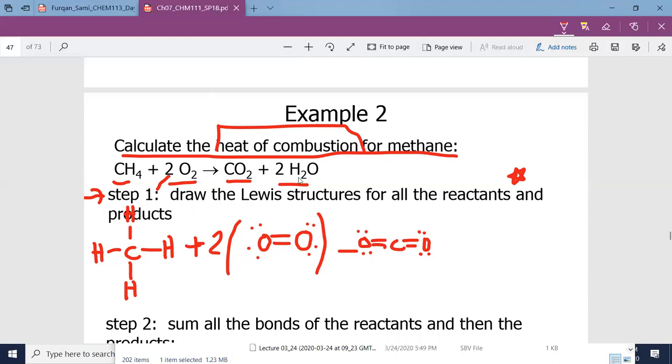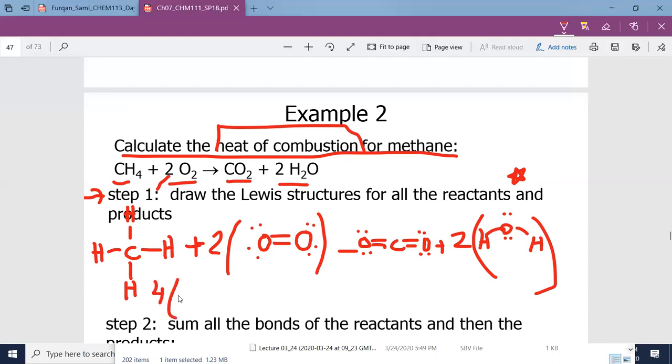So then I have 2H2O. What 2H2O means is 2 times, and I already know the formula of H2O. That's going to be O, right? That's going to be H, and there's going to be another H. You know that this is the structure. So how many bonds do I have? I have 4 C-H bonds here.